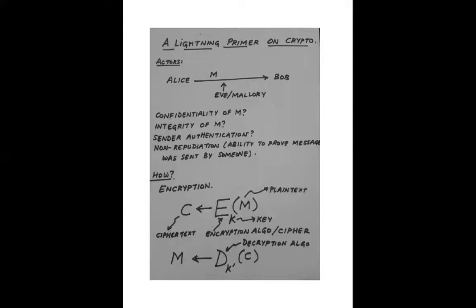The basis of all cryptography is to ensure that even if Eve or Mallory is able to observe the value of this C, they should not be able to infer M. And there are various notions of security. We're not going to get into that. There is something called chosen plain text attack based security, chosen ciphertext based attack security, and so on.